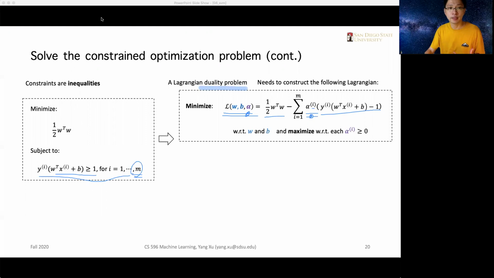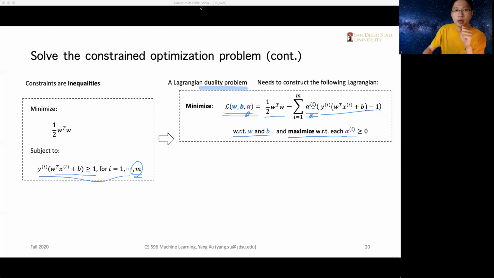We maximize with respect to alpha, but minimize with respect to W and b. Why this works, why it is a minimize plus maximize problem, we have basically shown in the preparation stage of this lecture.